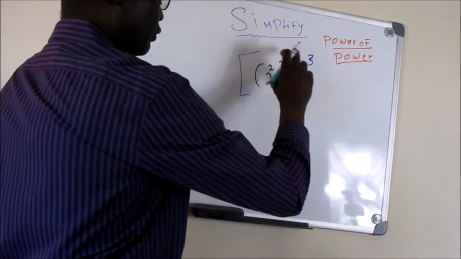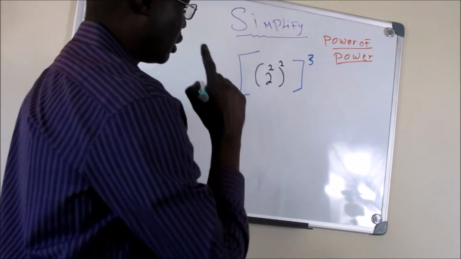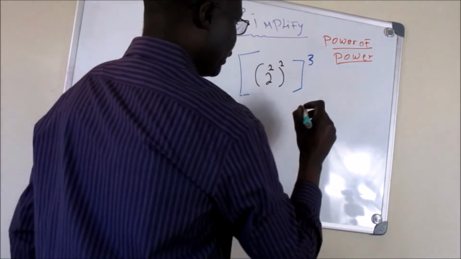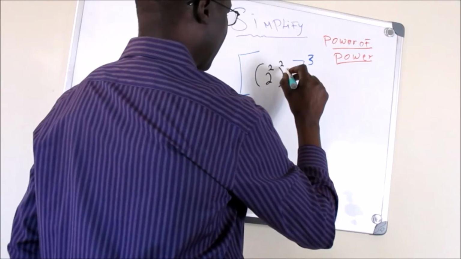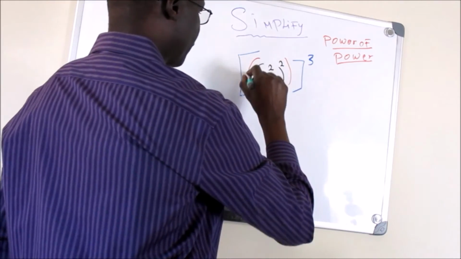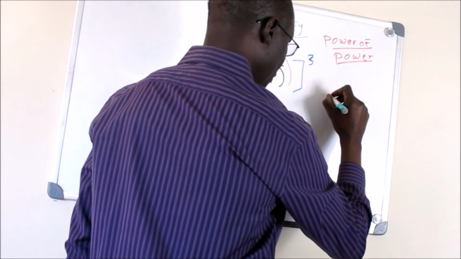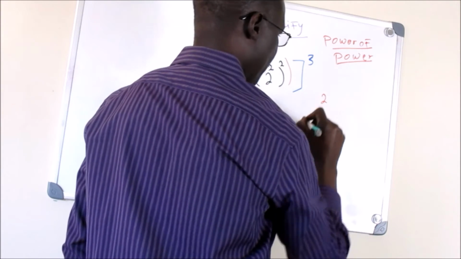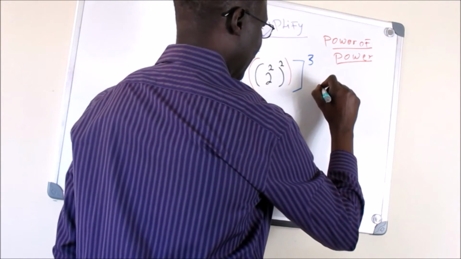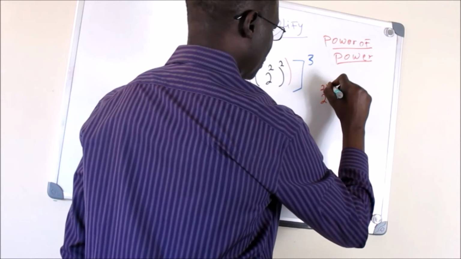The only difference is we have a number. So the first thing you're going to do is deal with only the first thing. So you're going to have 2 and 2 times 2. I just want to show you the process.